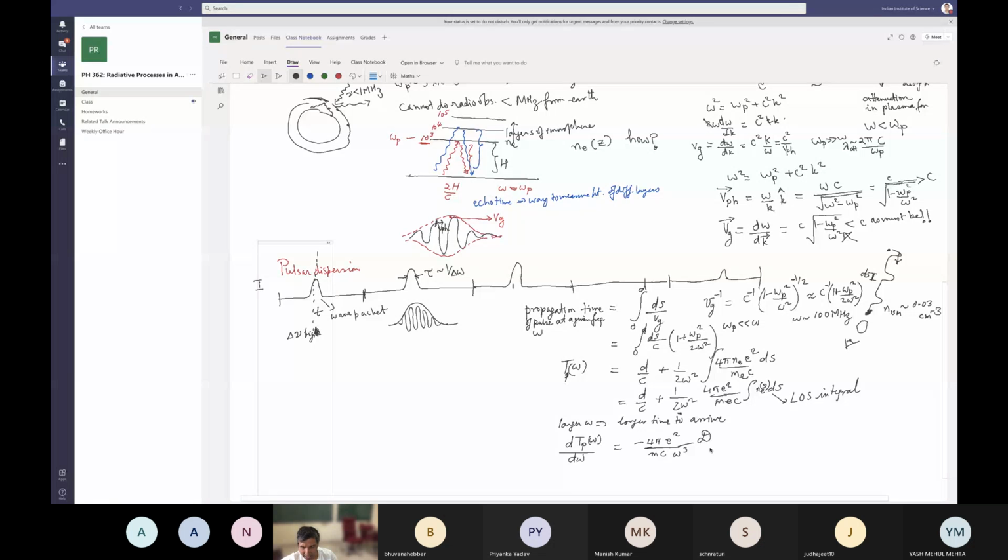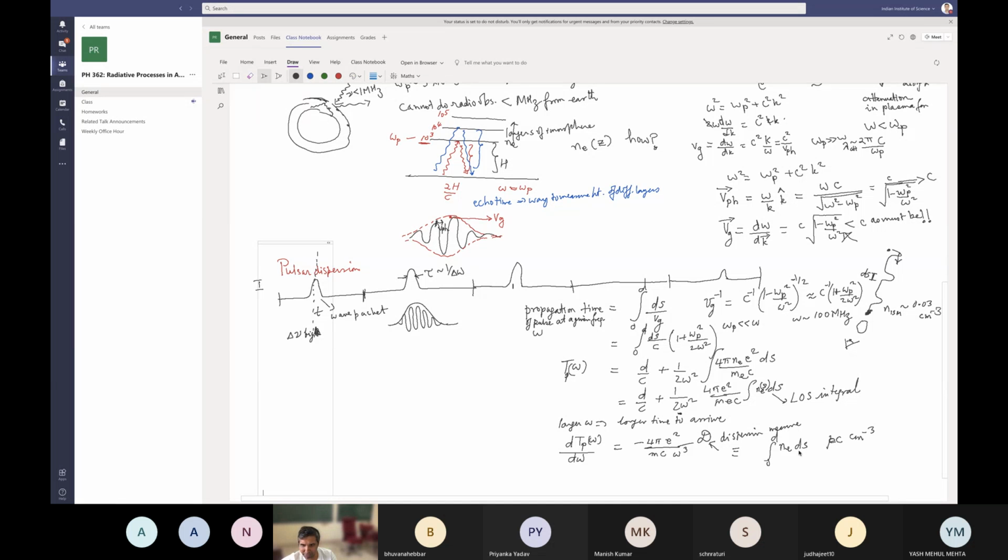So this D is called dispersion measure, and it's defined as the integral from 0 to d of n_e ds. This is just the line of sight integral of electron number density, and it is typically measured in parsec per centimeter cube.